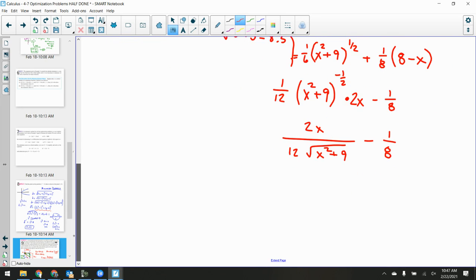I'm going to reduce this down a little bit more with the 2 and the 12. It's going to give me x over 6 square root of x squared plus 9 minus 1/8. And that's my derivative.